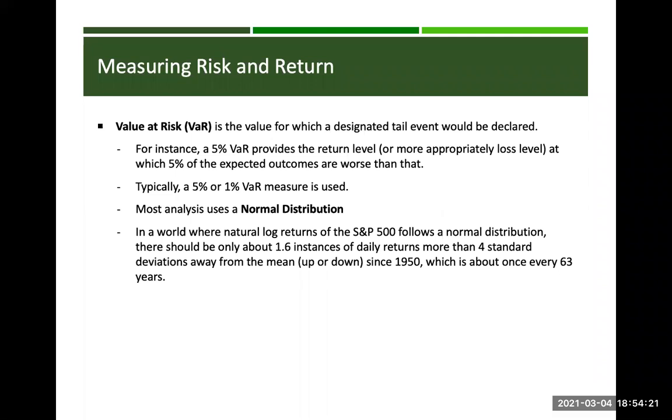If the S&P 500's daily natural log returns, or the regular returns, I use natural log, but you'll come to the same conclusion either way, are normally distributed, then since the S&P 500's inception, since 1950 or so, there should only be about 1.6 instances of daily returns outside of 4 standard deviations away from the mean, up or down.